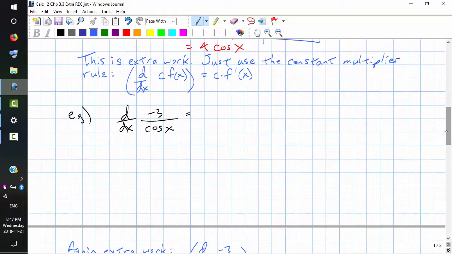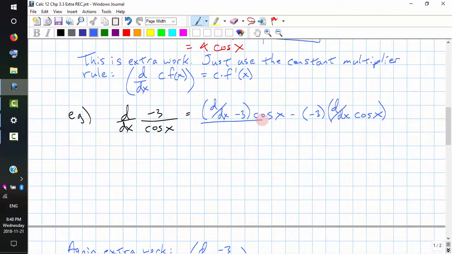Okay, here's another example. We have a constant here, and people will use the quotient rule. Again, it's not a problem. It's just extra work that you don't need to do. d dx of -3: the derivative of the numerator times the denominator minus the numerator times the derivative of the denominator, all over the denominator squared.